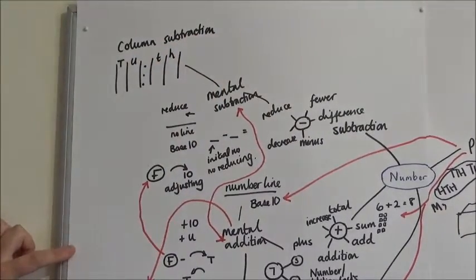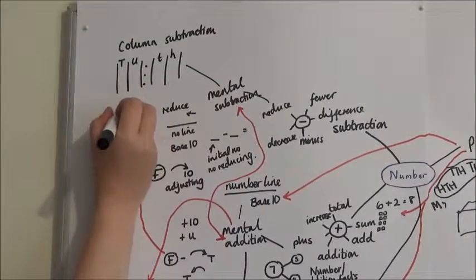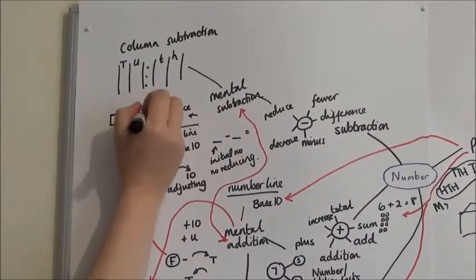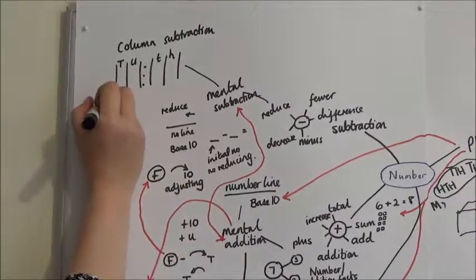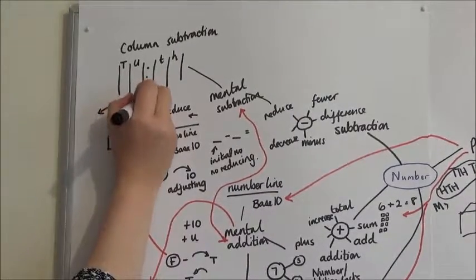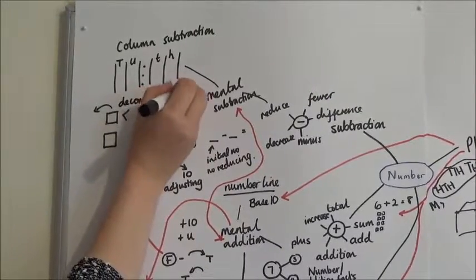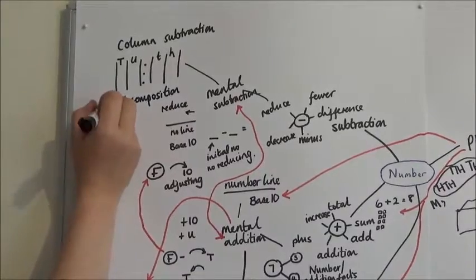We knew that if our initial top number was smaller than our bottom number, we'd need to do something called decomposition. Which meant that we need to steal one of the place value positions and put it over here.